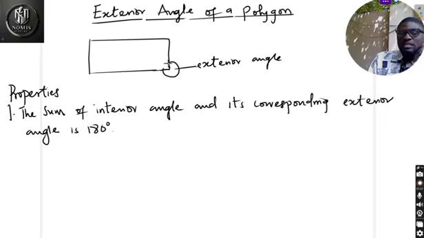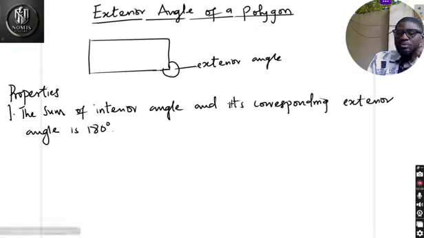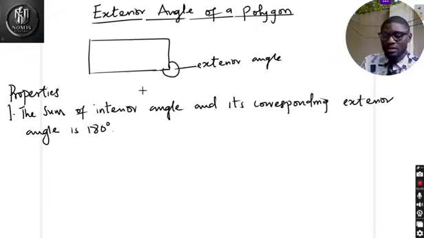Meaning that this inside angle and this outside angle give us 180 degrees. So the sum of an interior angle and its corresponding exterior angle is equal to 180 degrees. Take note of that because we'll be using it when we come to calculations on polygons.